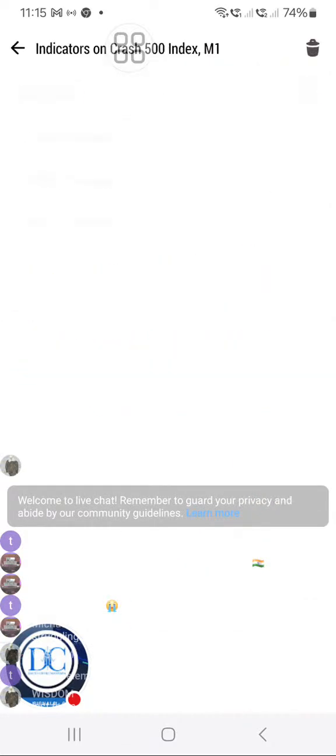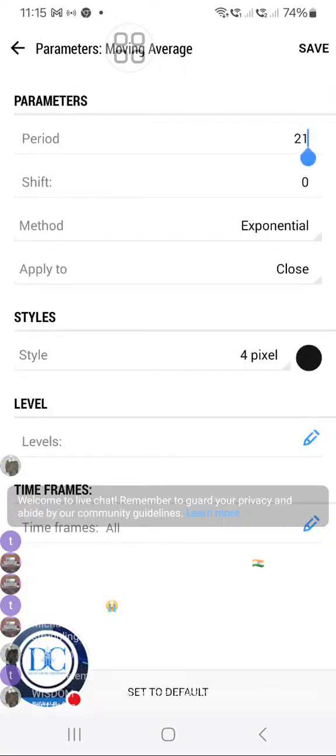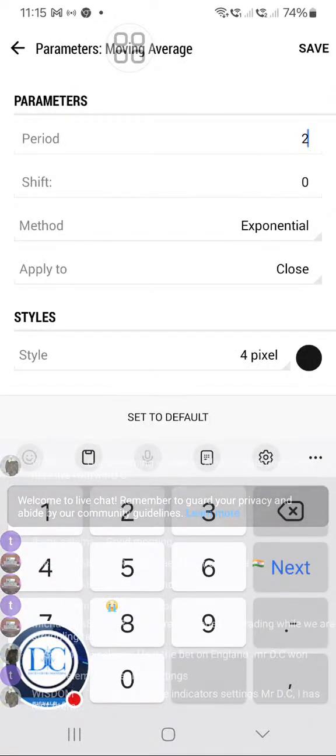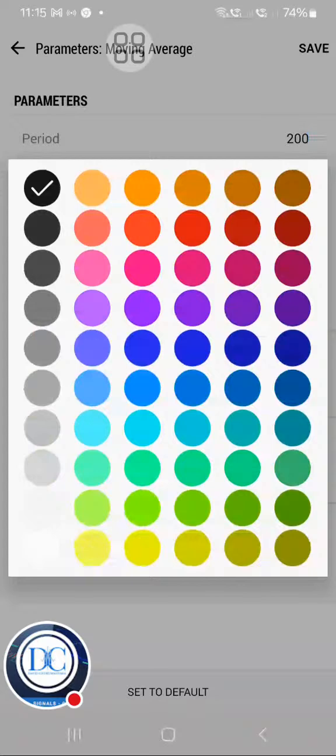Again, if I'm going to add the 200 moving average here, that guides me. 200 exponential, this one I'll put red.